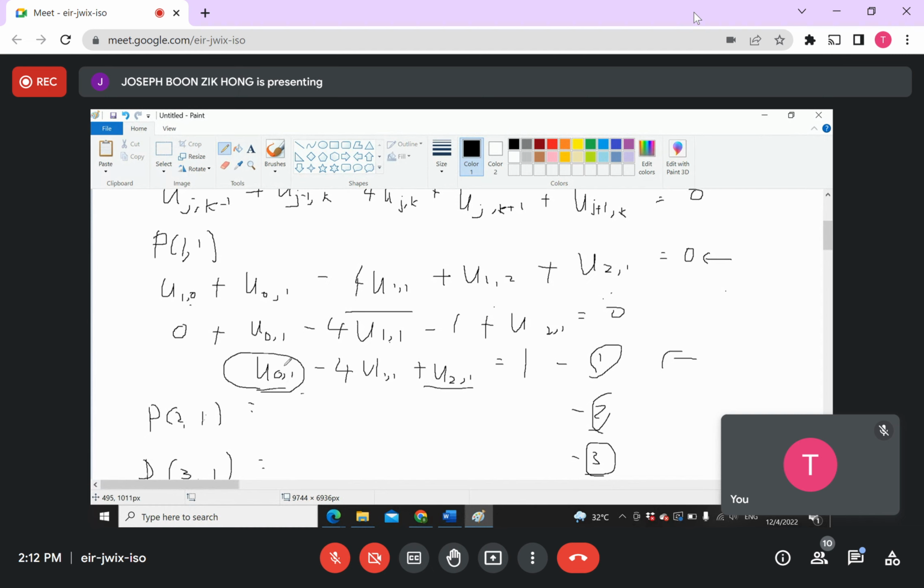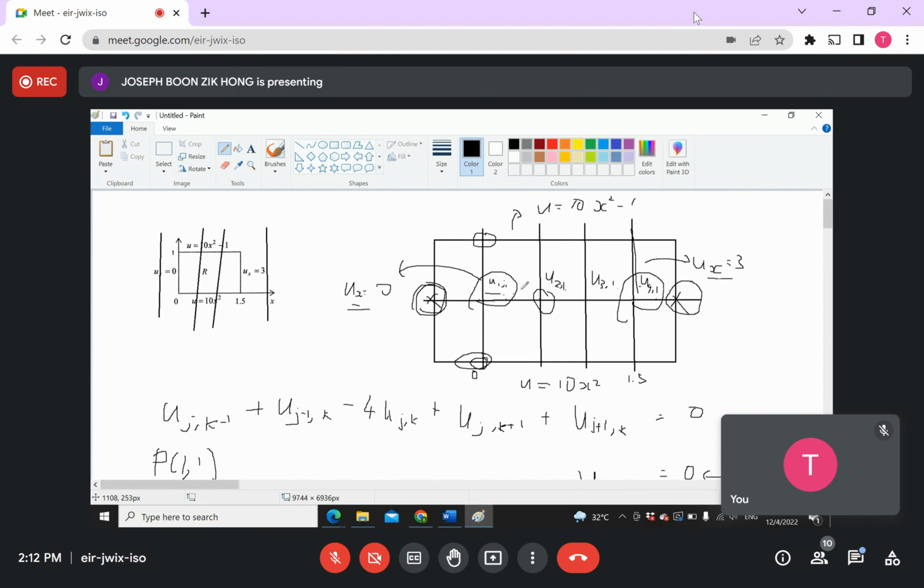Okay, to remove the U01 so that you only left this point, this point, this point. So you don't have the U01 and also the U51. Okay, we don't want the U01 and the U51. We only want the U11, U21, U31, U41. Okay, U01 and U51 we don't want.